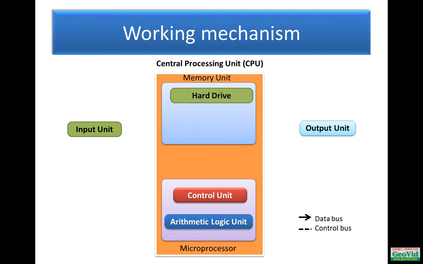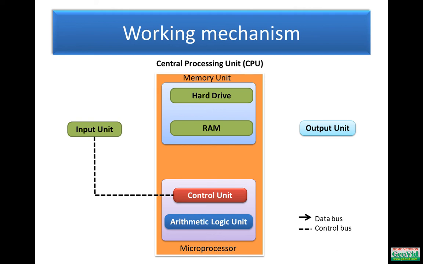Okay, after that you can see in the memory unit there are two types of memories. The hard drive is the secondary storage, the secondary memory, and another one is RAM, which is a primary memory. There is another primary memory called ROM as well. Here we are going to discuss RAM.